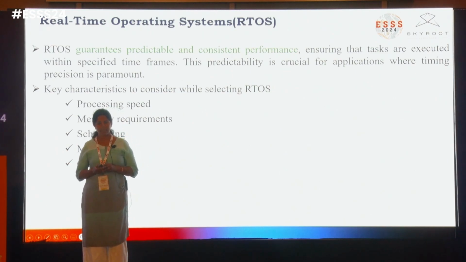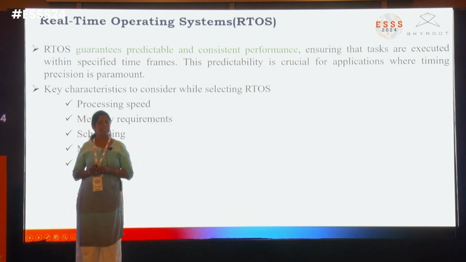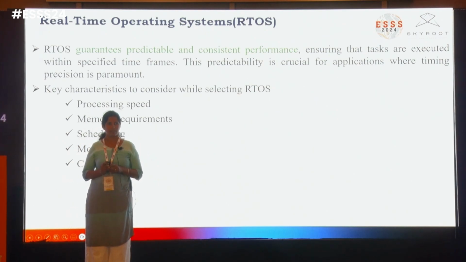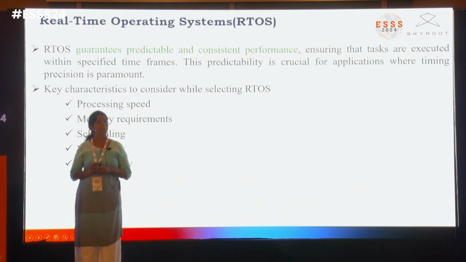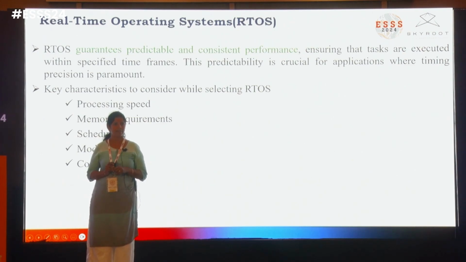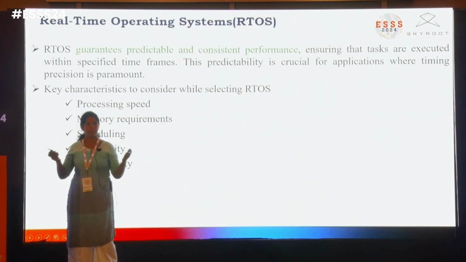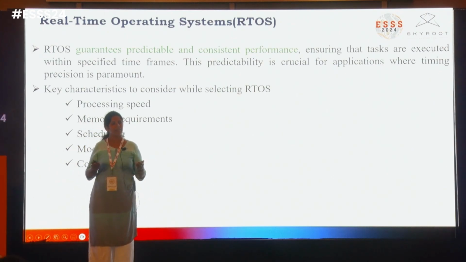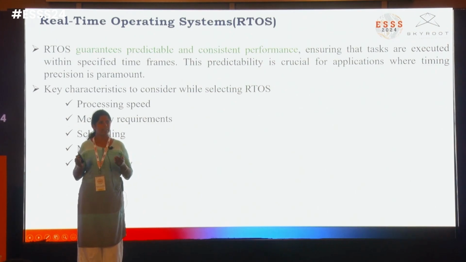The next thing is the real-time operating system. To guarantee predictable and consistent performance in a critical embedded application, a real-time operating system plays a very major role. For example, if you have multiple tasks and your system is intended to interact with multiple components in the external world, all the I/O interfaces should respond as expected within the defined time.